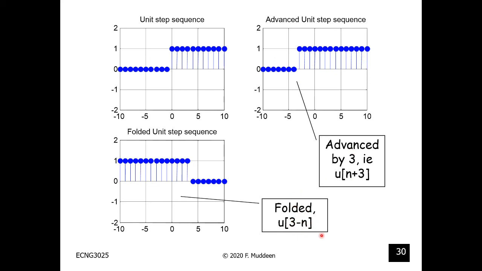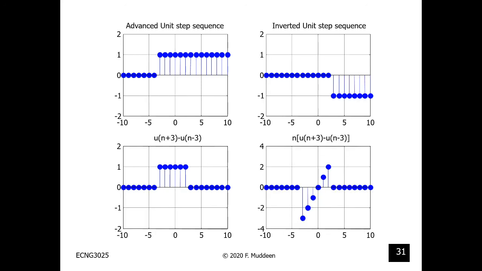However, if n is negative, those shifts change accordingly as well. So if there's negative n plus 3, the shift goes to the right instead. If it's negative n minus 3, the shift goes to the left.